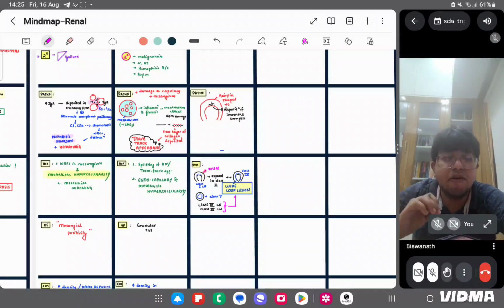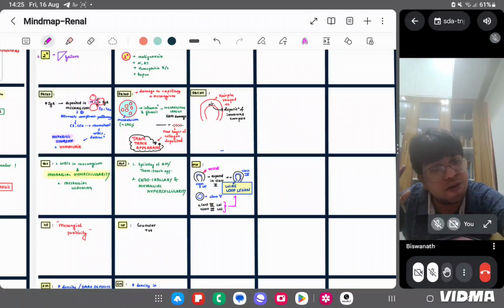In immunofluorescence, what are the things which are positive here? IgG is positive, IgA is positive, C1q is positive, C3 is positive, and kappa and lambda are also positive. All are positive. Then subendothelial deposits will be seen.